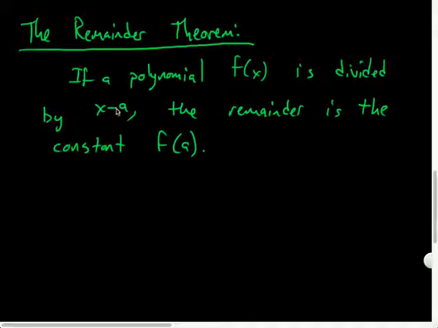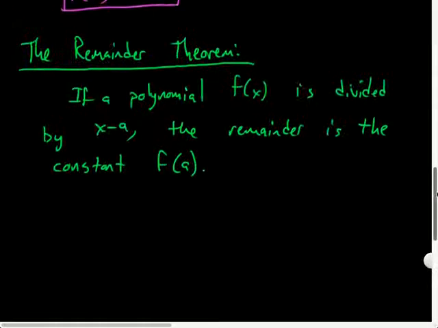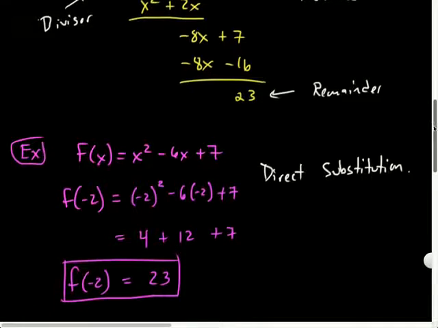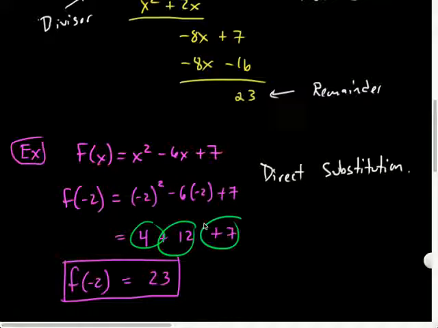You might wonder, is that really more efficient? Let's do a side-by-side comparison. If I do direct substitution, notice I had to do exponentiation. I had to do multiplication. I had to combine, right? And I had to know sign rules for exponents. I had to PEMDAS this whole thing.